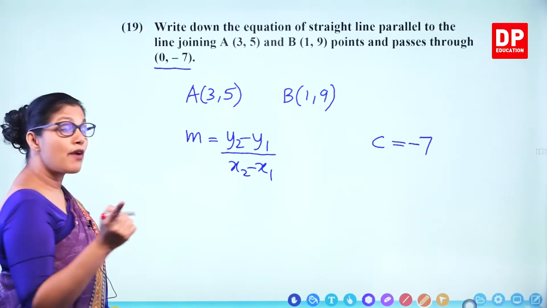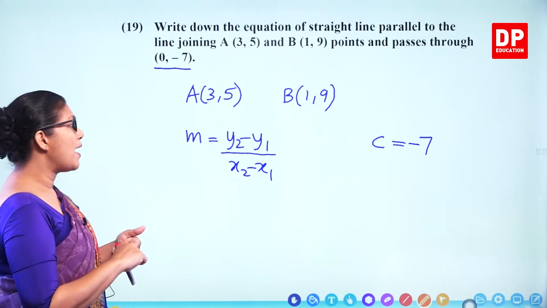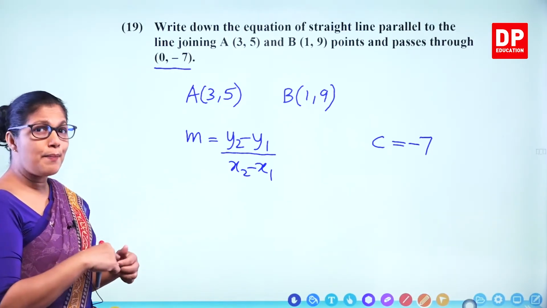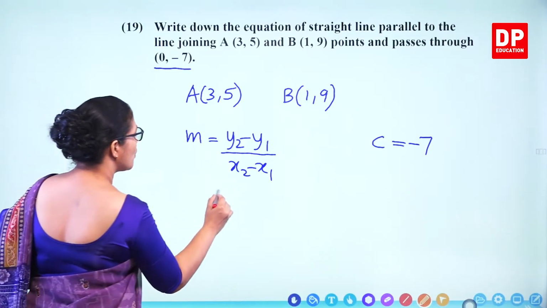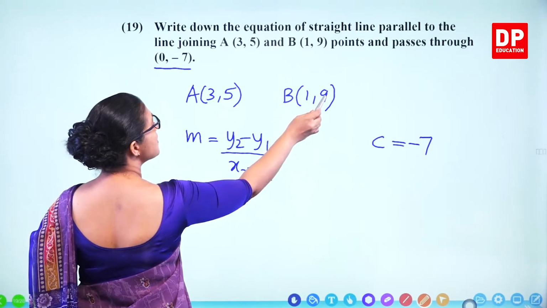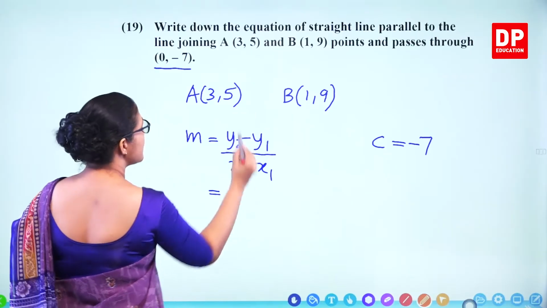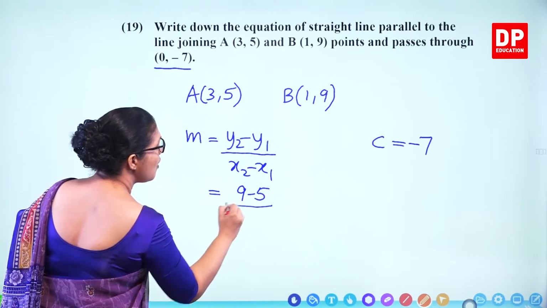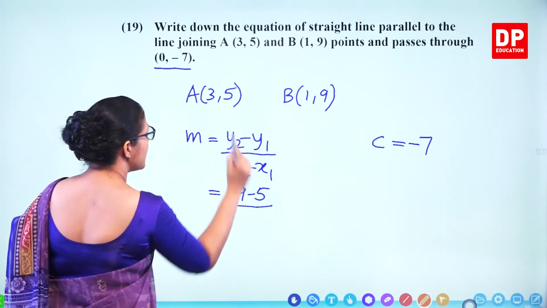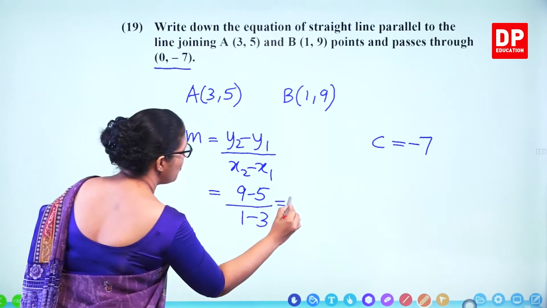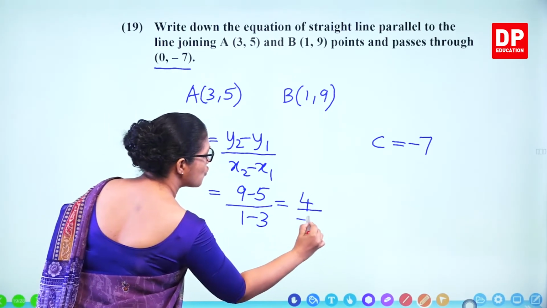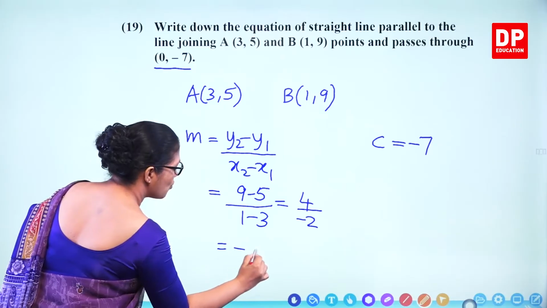You can take it the other way around as well. If you take y1 minus y2, this becomes x1 minus x2. So we'll take any point first. I'll take this one, 9 minus 5. Then you have to take this first, 1 minus 3. So you get 4 over minus 2, that's -2.